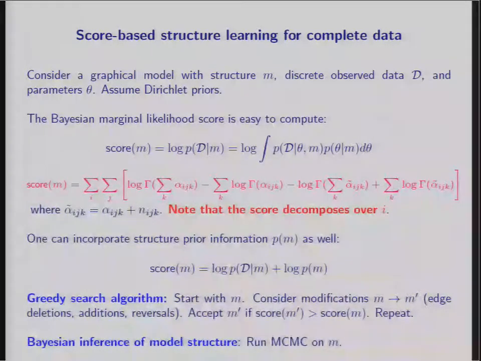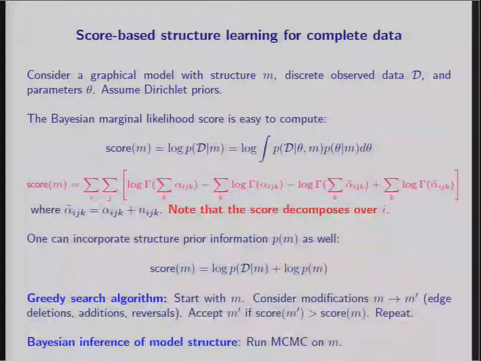These correspond to nodes i in the graph and settings j of the child in the graph. And then there's a sum over k inside here with the settings of the parents of that child. Okay? So this score is something we can evaluate. It's all in terms of the log of the gamma function. The gamma function is just a generalization of the factorial function. So I do a bunch of calls to log gamma, a built-in function in MATLAB, and I compute a score for a particular graph.